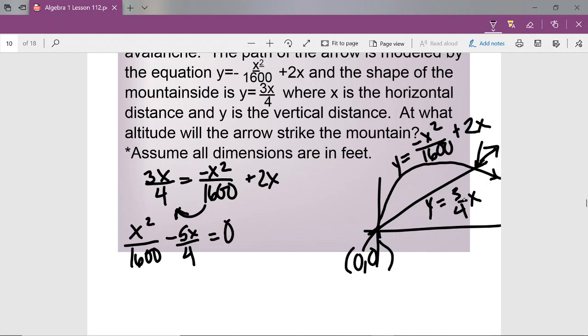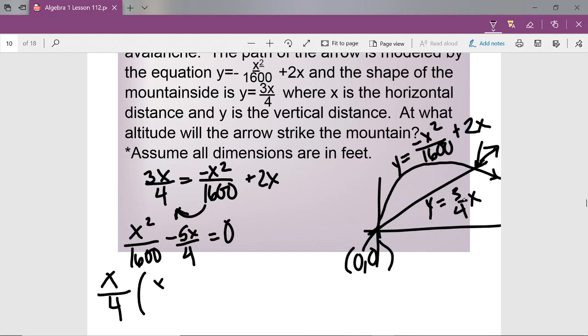Now I need to factor, and when I look at these, actually, I can factor out an x. But to make this even easier on myself so that I don't have to be working with all denominators, I'm actually going to take out an x over 4. That will get rid of the denominator on this second term.